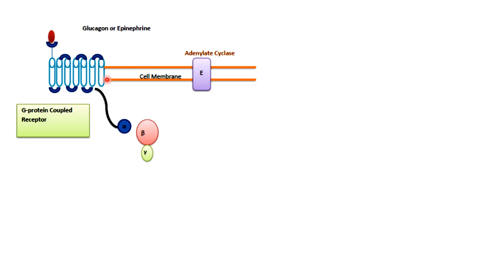This will lead to the activation of the enzyme adenylyl cyclase or adenylate cyclase. Now, what does this adenylyl cyclase do? It will act upon the ATP, and ATP will get converted to cyclic AMP.